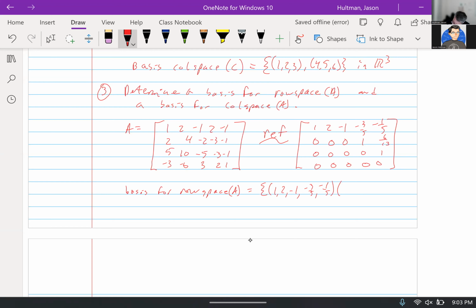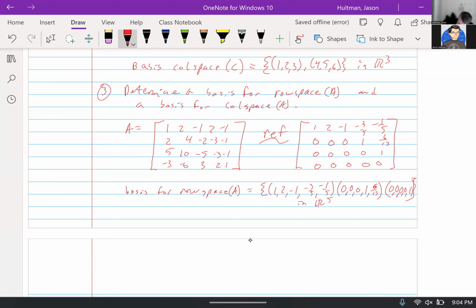The next row is 0, 0, 0, 1, and 6/13. And the last row is 0, 0, 0, 0, 1. And that is my basis. Yeah, that's my basis in R5.